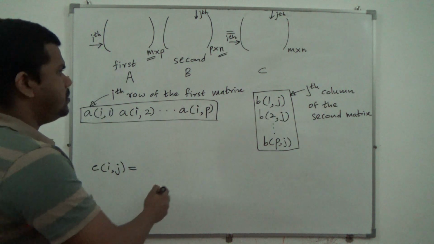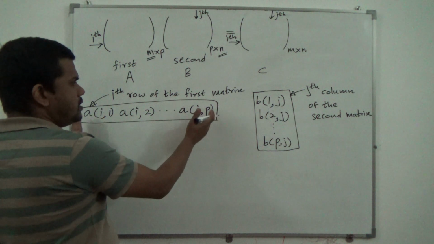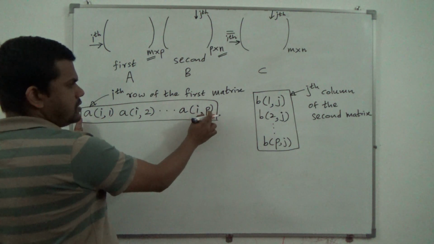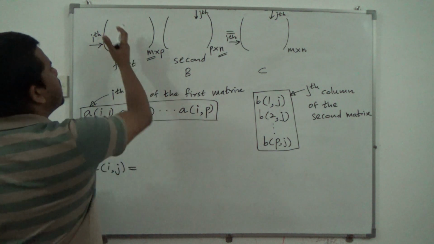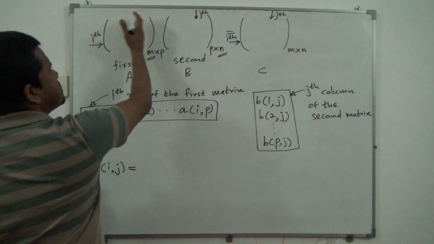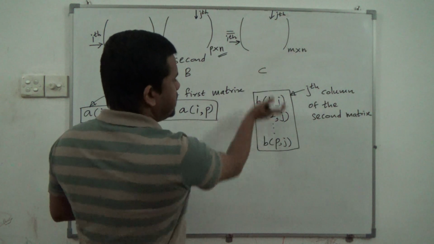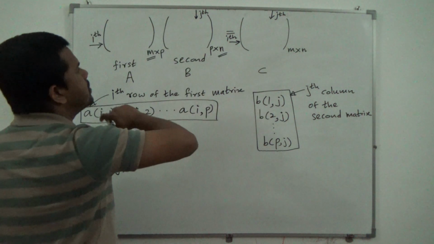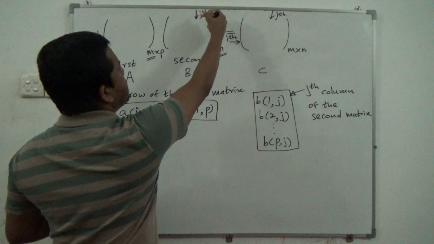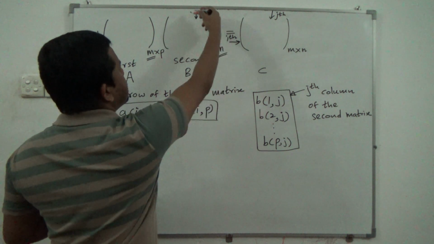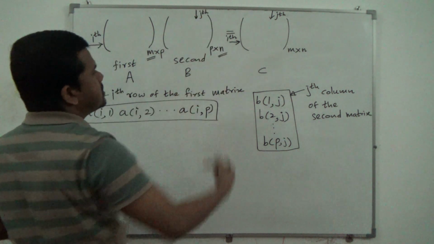Likewise, there are p number of elements, since there are p columns in this matrix. There are p number of elements in this column, since there are p number of rows in this matrix.